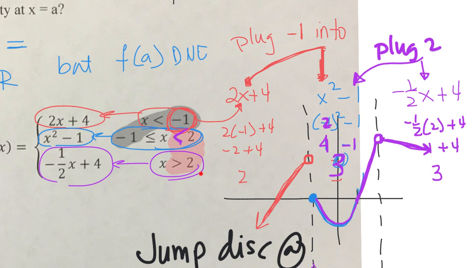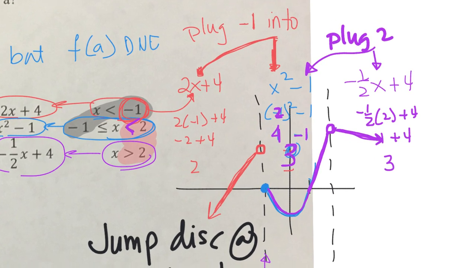And we have a closed circle when it's or equal to. So if you don't have an or equal to at that constraint, that's going to tell you pretty much that it's not going to be continuous. In fact, because the left side equals the right side, but there's not an actual point there, this is a point discontinuity at x equals 2.